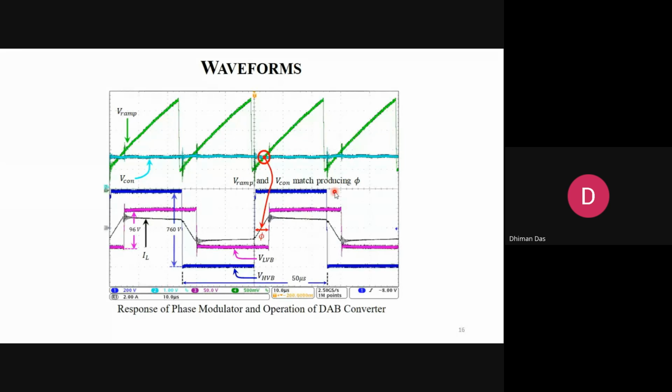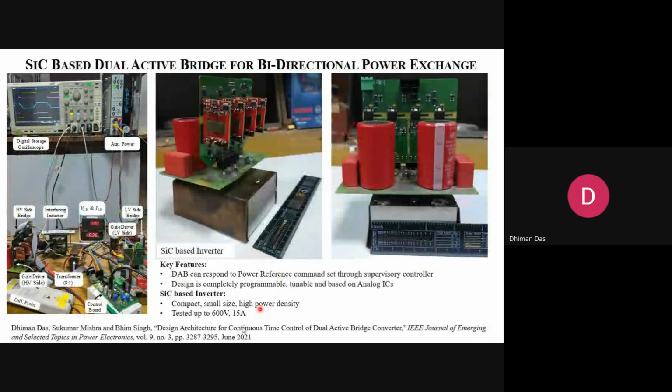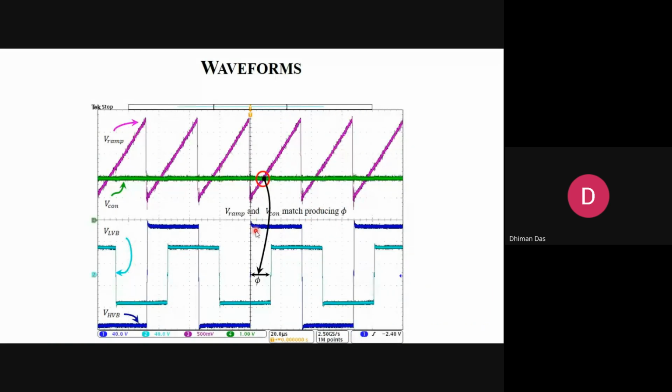In any kind of PWM modulator, you can set RT and CT. CT is for the timing control, and RT is just the resistance. If you see this paper, everything is discussed in detail: how the ramp is generated, and which IC is used to generate this ramp.